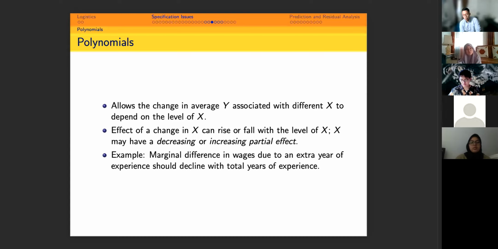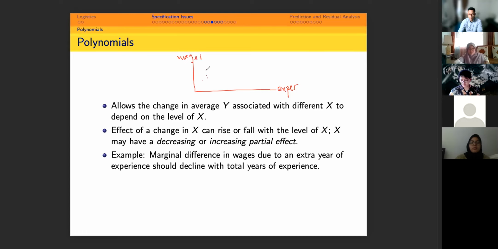Okay, so one example that we're interested in, as I've said in the previous slide, is that the marginal difference in wages from an extra year of experience should decline with total years of experience. So if you look at the data, I'm just going to briefly provide you with an illustration. Suppose that this is the years of working experience, and this is the wages.